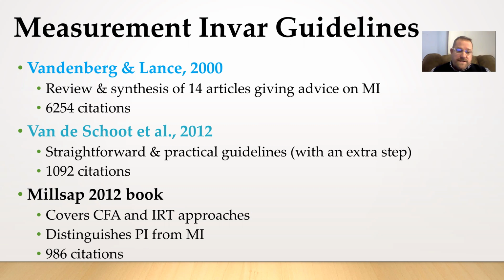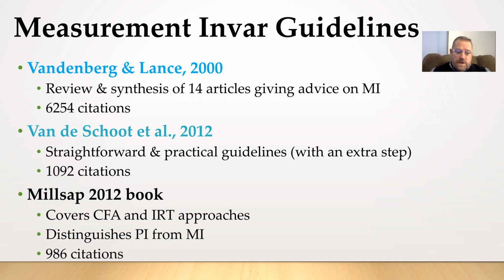Another researcher has done a ton of work in this area, and that's Millsap. He wrote a book that covers both IRT and confirmatory factor analysis approaches to evaluating measurement invariance. Millsap is the one who actually does a lot more work on measurement invariance versus predictive invariance, and when you might expect to have both and how you can have one without the other.